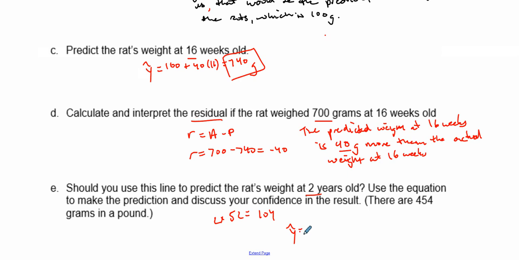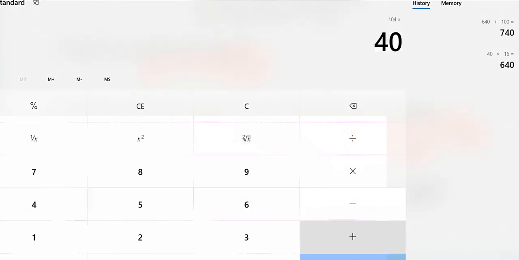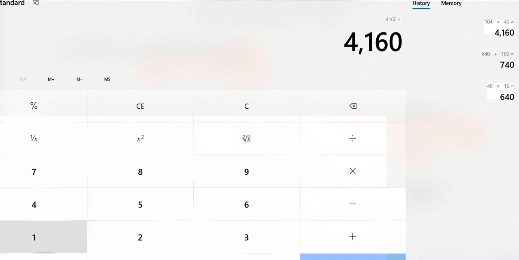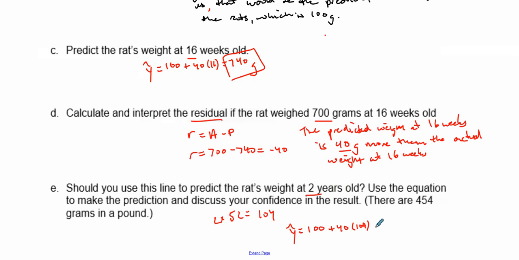Our predicted weight would be 100 plus 40 times 104, which is 4,260 grams. Wow.